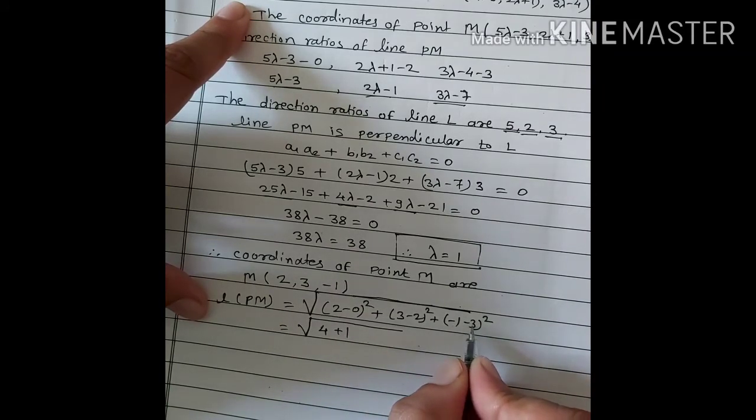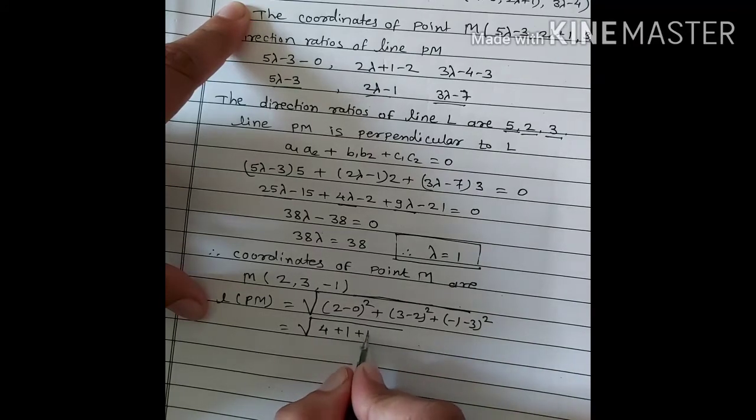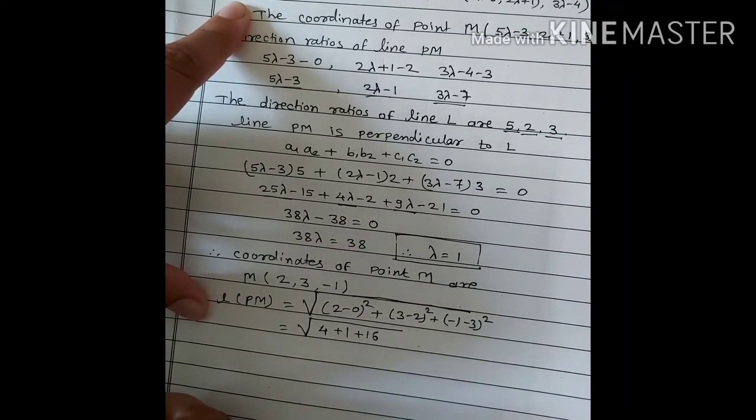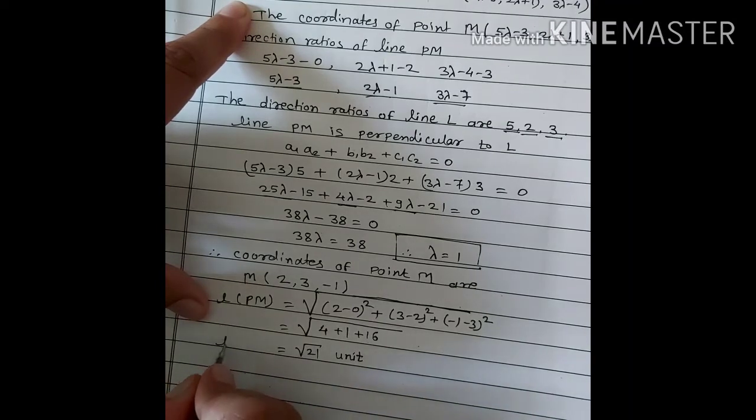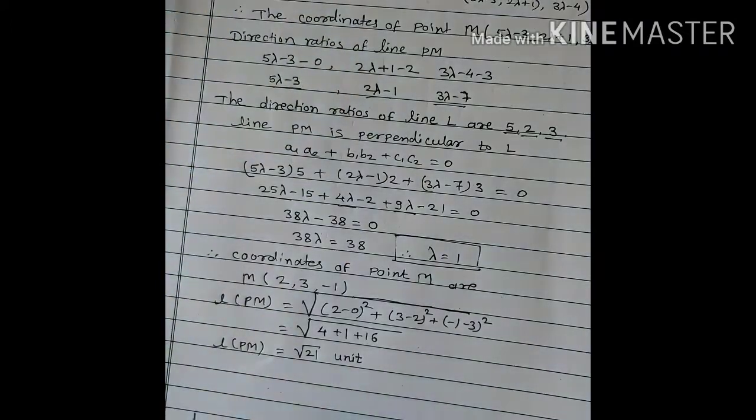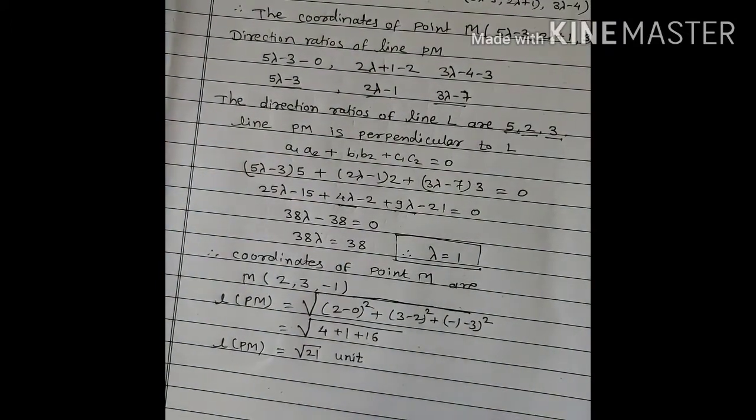Minus 1 minus 3 is minus 4, and minus 4 square is plus 16. Check, total is 16 plus 1 is 17, 17 plus 4 is 21. That is, the length of perpendicular is under root 21 units. Length of PM is the distance of point P from the line L.